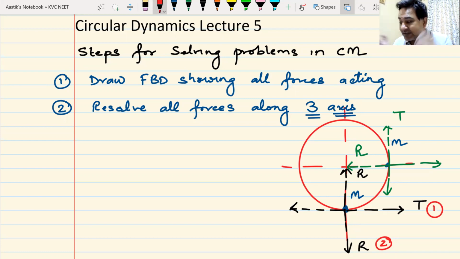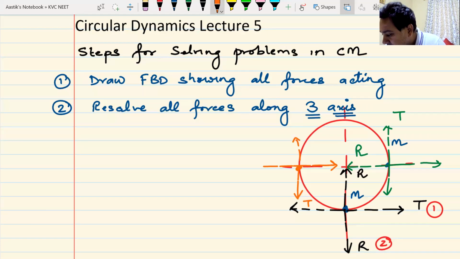Now look at these directions. Look at the green axis, or the black axis, or I can draw an orange axis. If it comes here, the orange axis will look like this. This will be the tangential direction, and this would be the radial direction.